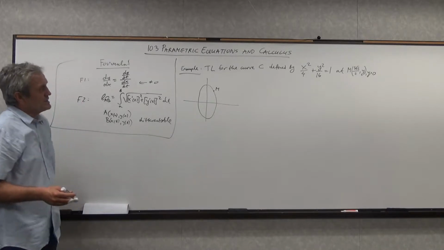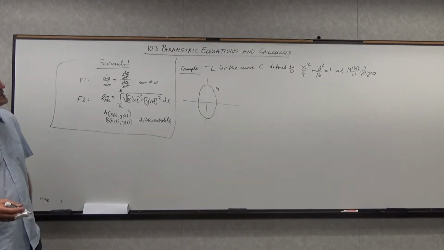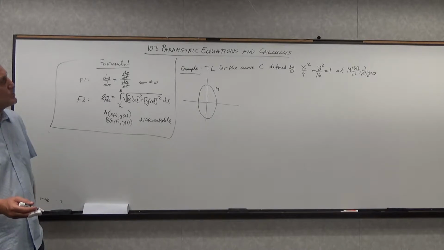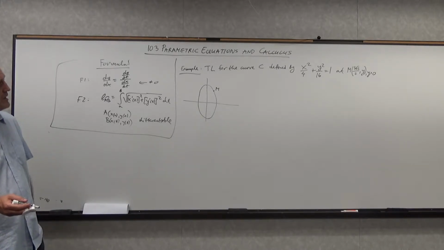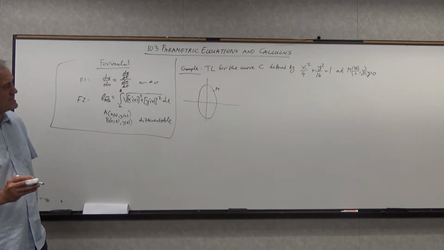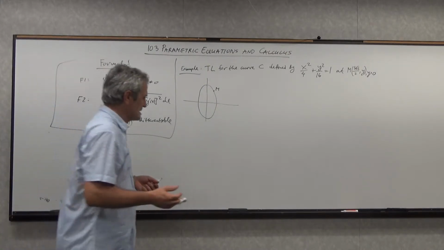But what we'll do here, of course, we can do implicit differentiation, and that's how we did this in section 10.1. I want to do this time using parametric equations, and that's a very important skill for calculus 3, that you learn how to parameterize ellipse and circle as a special case.